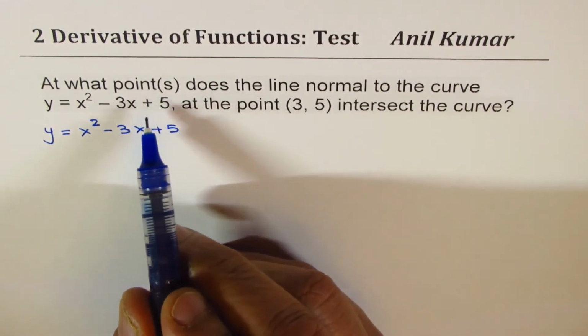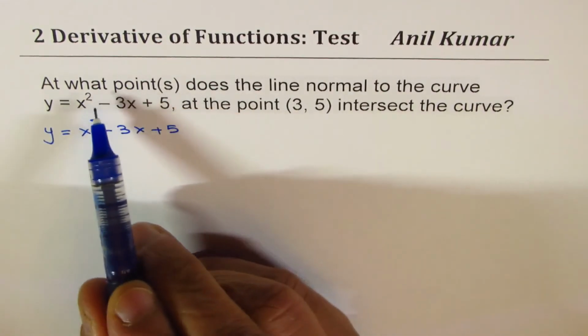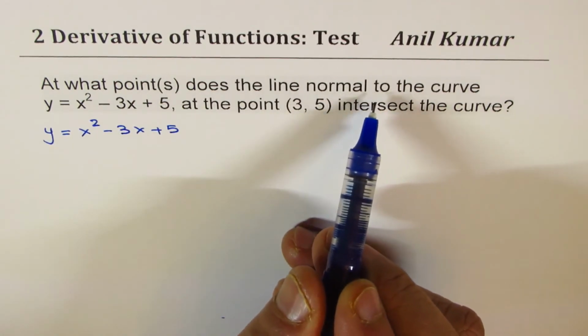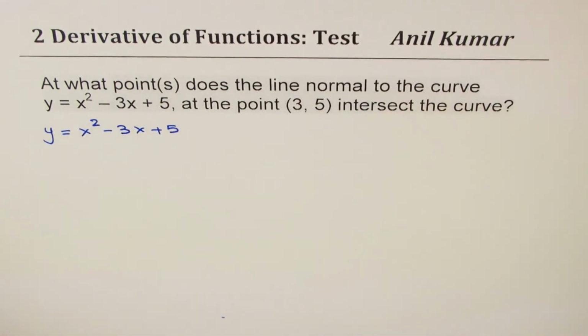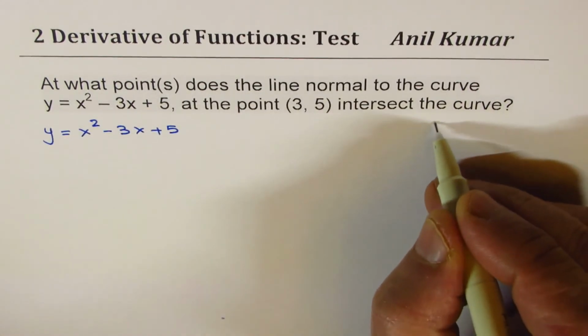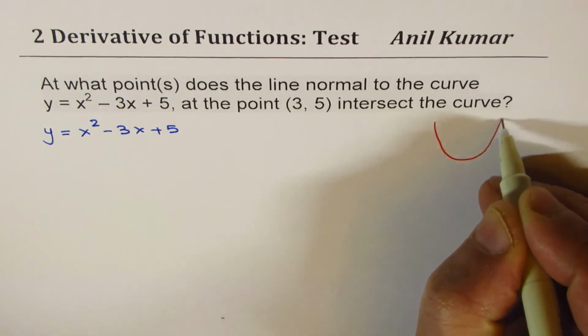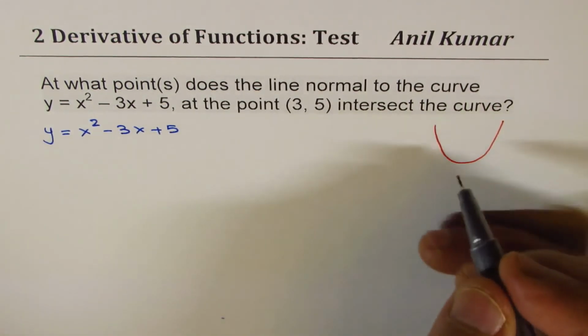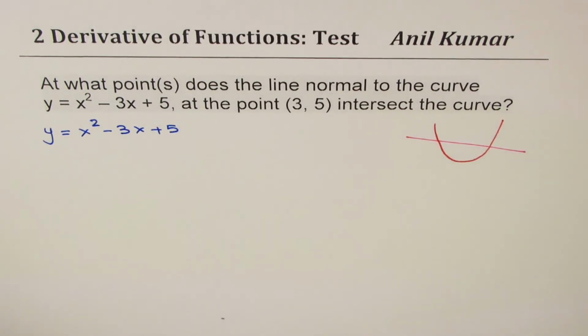And what we are interested in finding is at what point this line, which is normal to the curve, intersects it again. It's a parabola, let us say, kind of like this, right? So if we have a normal to the curve, I don't exactly know where the points will be, but let me just sketch like this.